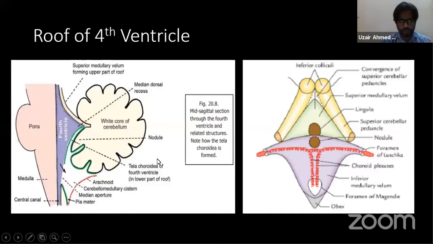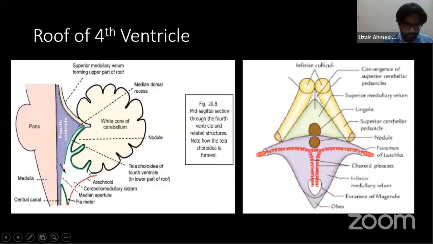So before we go to actual cadaveric anatomy, let us explain what is tela choroidea. Basically, we know posterior to the fourth ventricle, we have cerebellum, and this green lining shows the pia mater of the cerebellum.